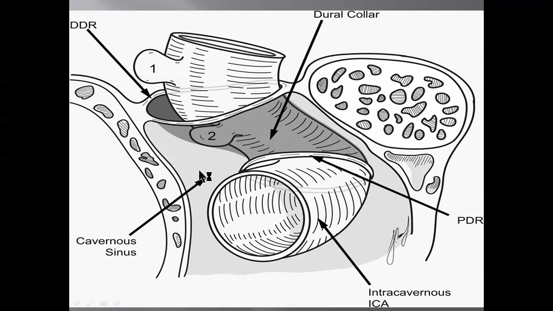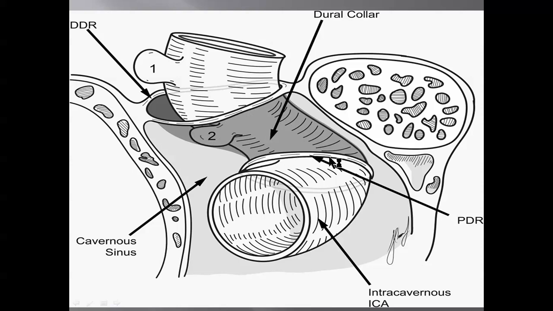Now over here in the cavernous segment, the internal carotid artery has two rings. The internal carotid artery is surrounded by dura mater anteriorly. Posteriorly it is not surrounded, but anteriorly and laterally the internal carotid artery is surrounded by dura mater, which anteriorly we can call the dural collar, surrounding the artery anteriorly and laterally.